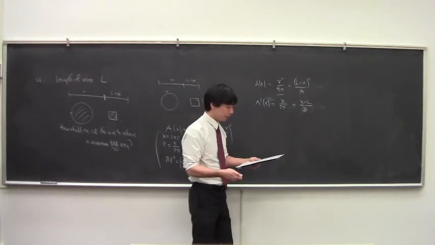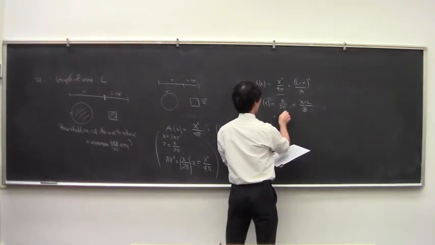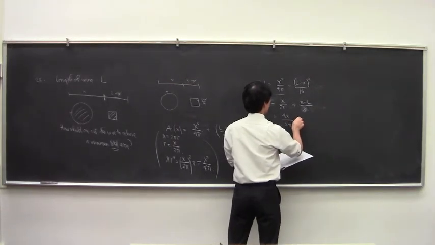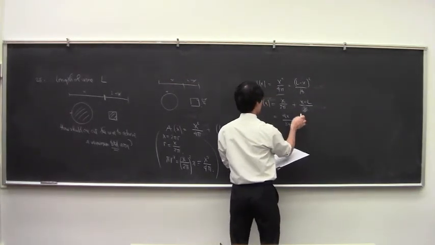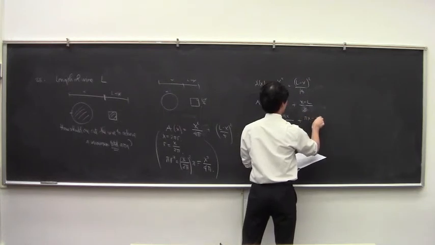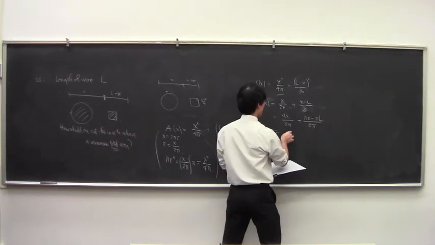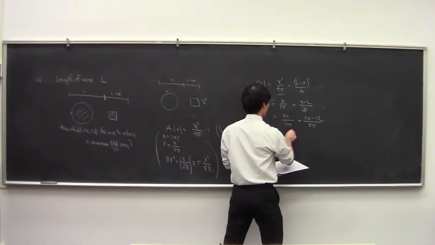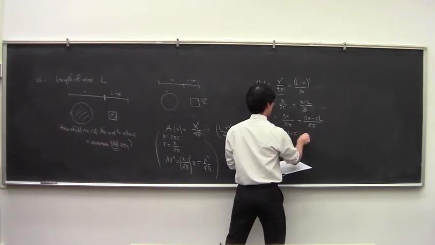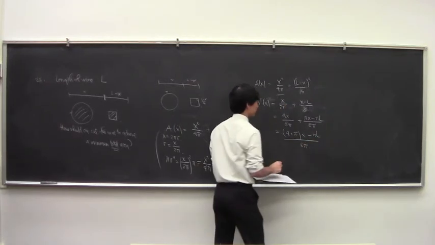And then you find a common denominator, so you get 4x over 8 pi plus pi x minus pi L over 8 pi. So you get (4 plus pi)x minus pi L over 8 pi.